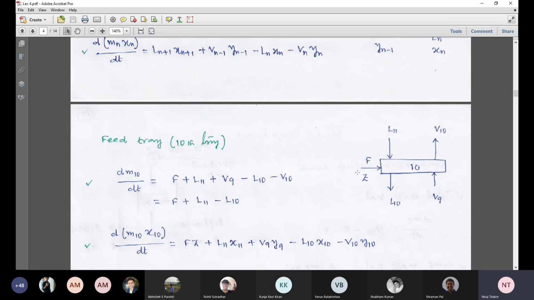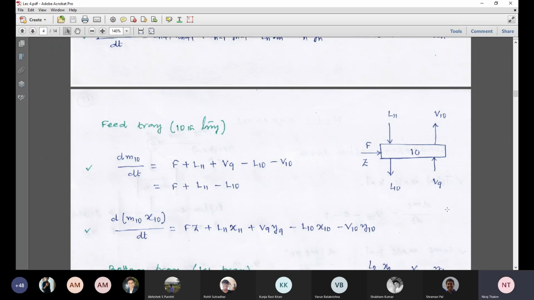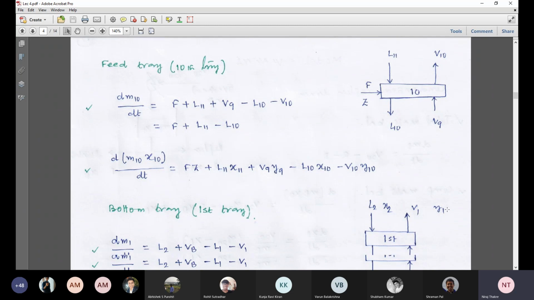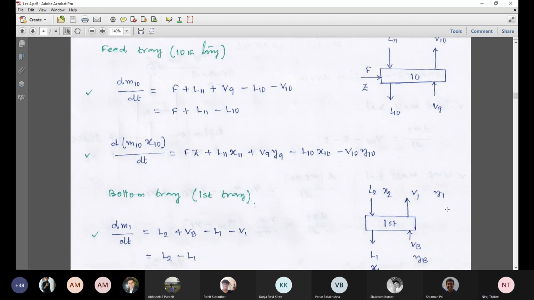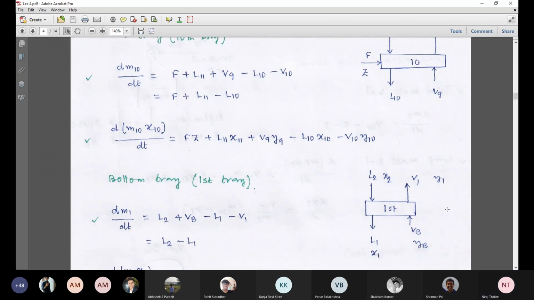Yes. So let us come back to the model. All of you did this modeling of the feed tray. What is the next then? Bottom tray. You see the bottom tray. This is in fact the first tray.